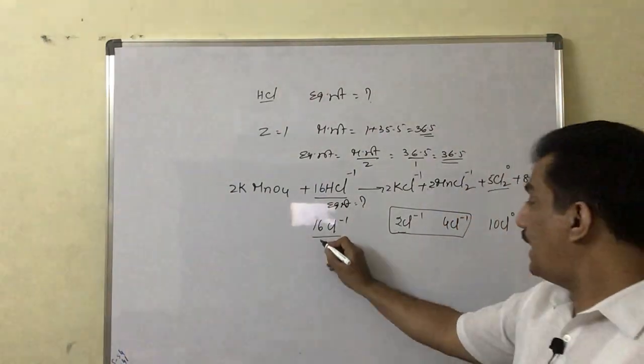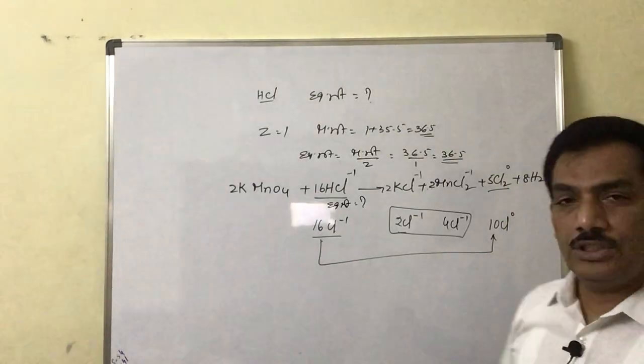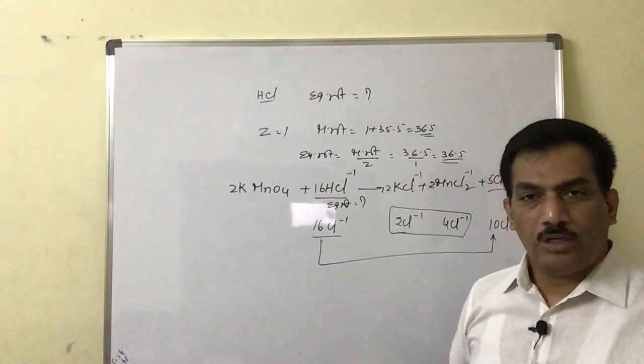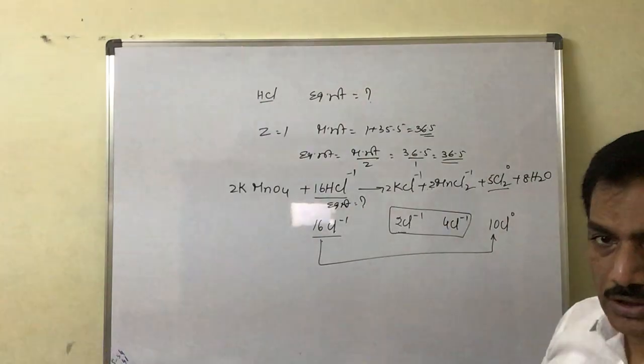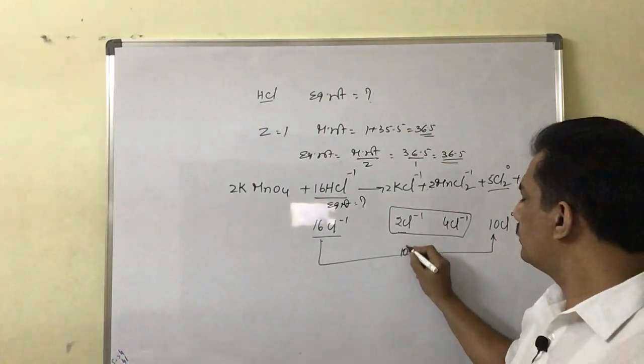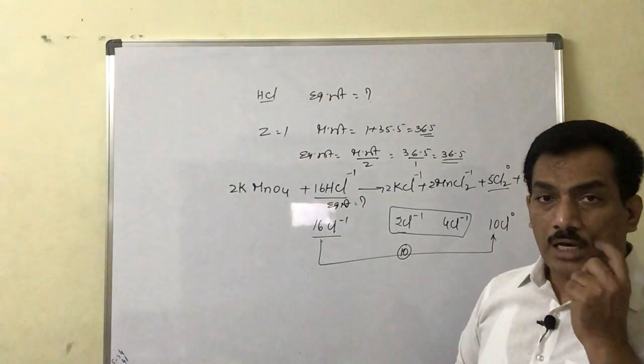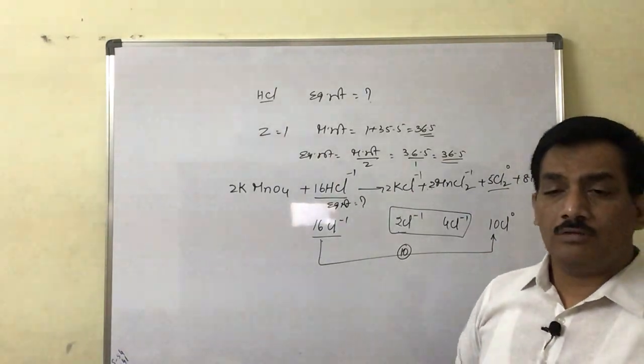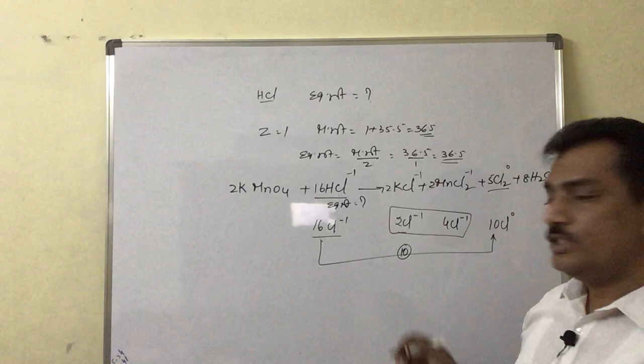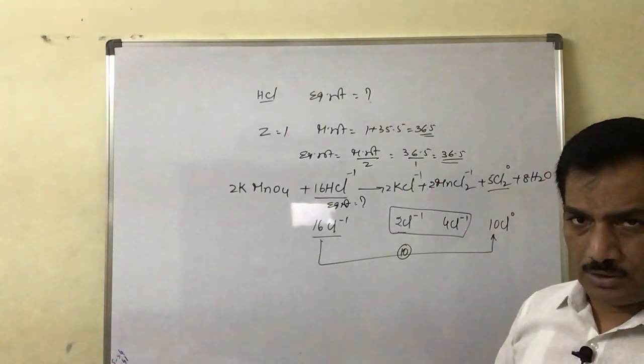Only the remaining 10 are changing their oxidation state. So what is the total change in oxidation state? Only 10 units. From -1 to 0, 10 chlorides are converted to chlorine, thereby 10 units of change in oxidation state is observed.